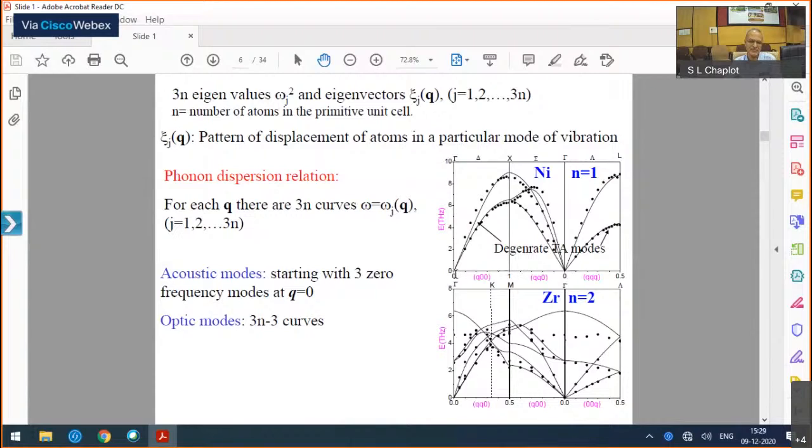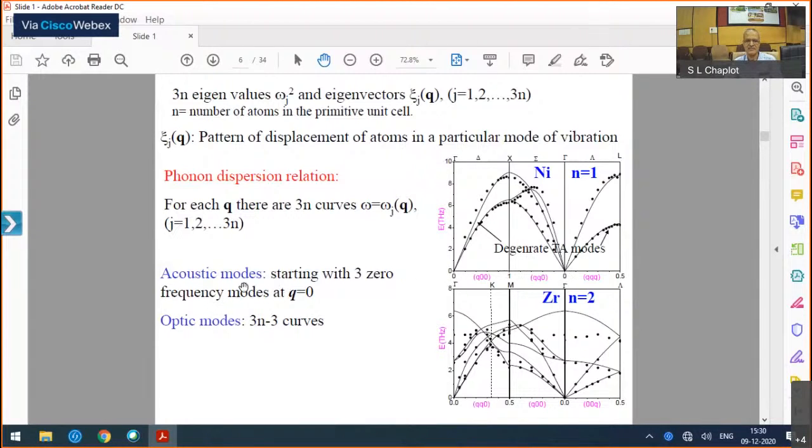Now, what do you actually mean by it? Infinite wavelength means that all the atoms in the crystal vibrate identically. If all the atoms move by an identical amount, there will be no restoring force on any atom, and therefore the energy of such a vibration would be 0.